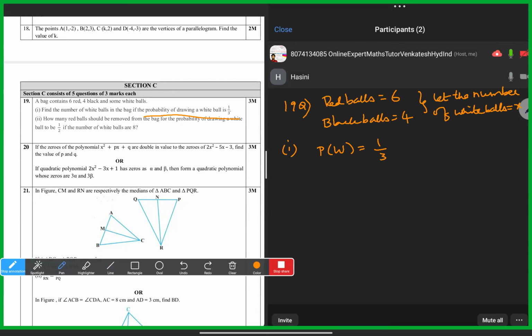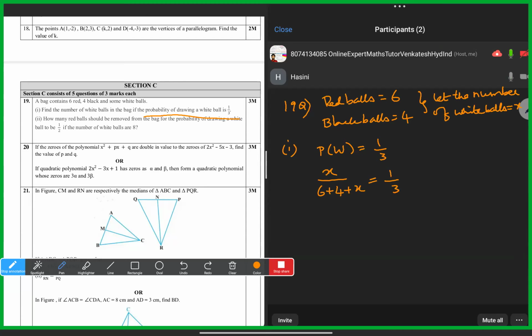In this question we took the white balls as x because they didn't give it and we need to find it. So the numerator should be x by total balls. In the earlier question you added all of them, so now: 6 plus 4 plus x.